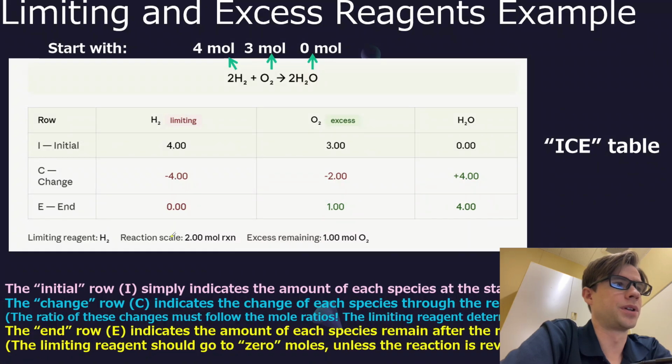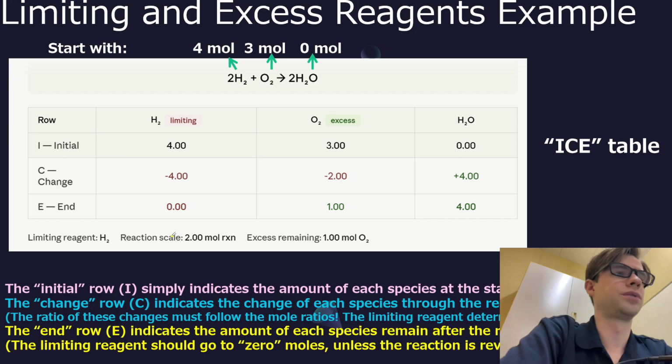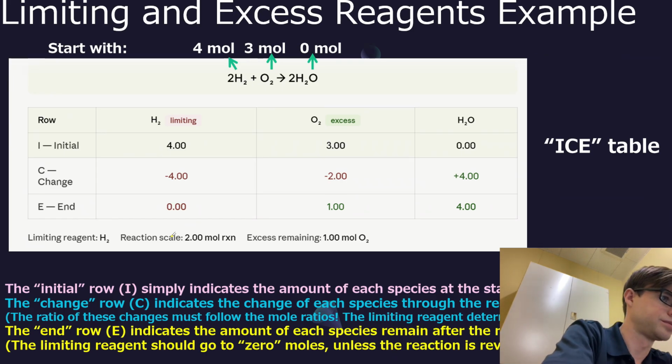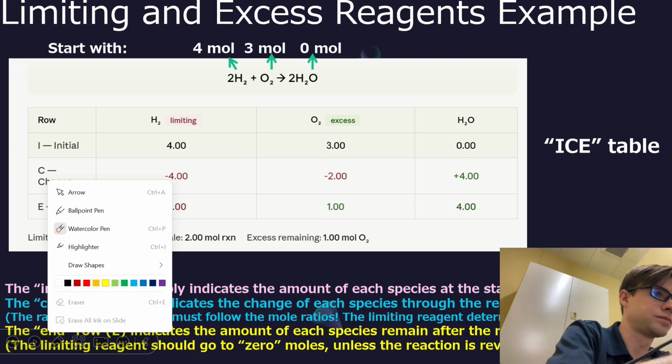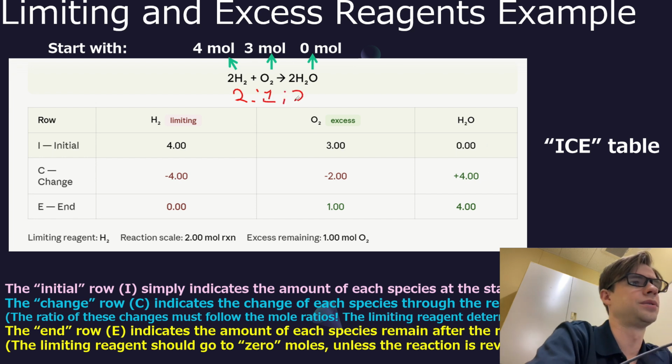So there's another example I have here, the ice table drawn for H2 plus O2 goes to H2O. That ratio is 2H2 plus O2 goes to 2H2O. So 2 to 1 to 2. These ratios are slightly more complicated than what we had in the previous slide.